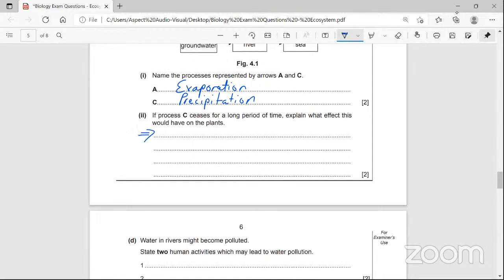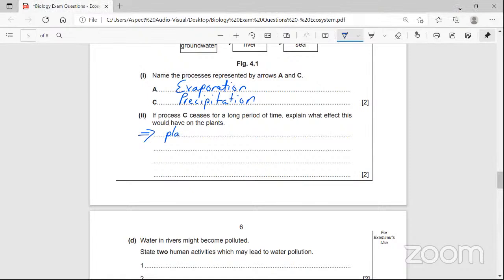Here, what does it say? If process C ceases for a long period of time, explain what effect this would have on the plant. I think it's the previous question. Plants will cease to photosynthesize. Exactly.